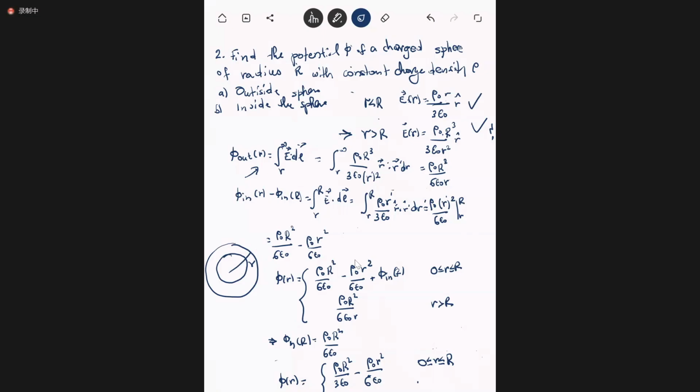So if you look at this expression over here, it's the same thing we did before. E is given by this expression, those are the things we calculated earlier. So the integral from R to infinity, and then the density, times R to the cube power, etc. By calculus, we know that this is going to give us this result.